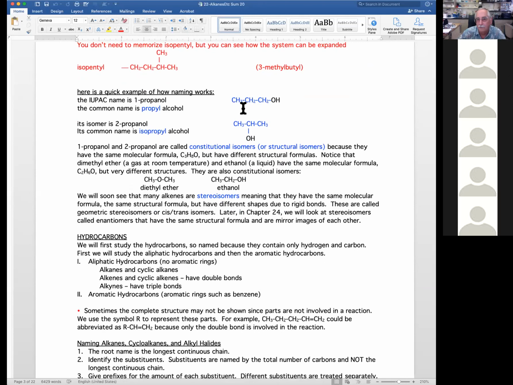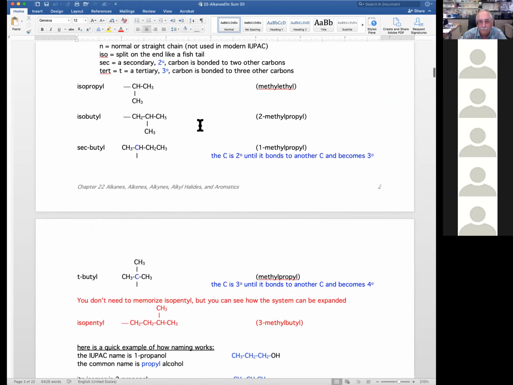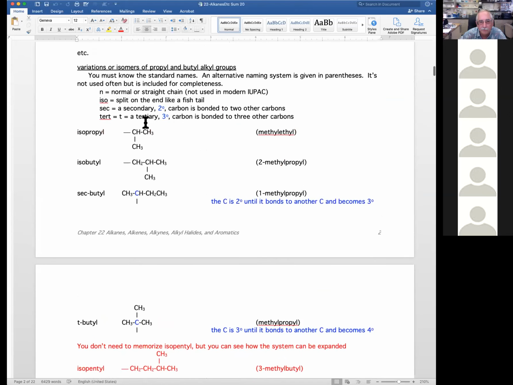So if I take this chain right here and I rearrange it by moving this over here, then this becomes isopropyl and then an alcohol. So this right here is this.